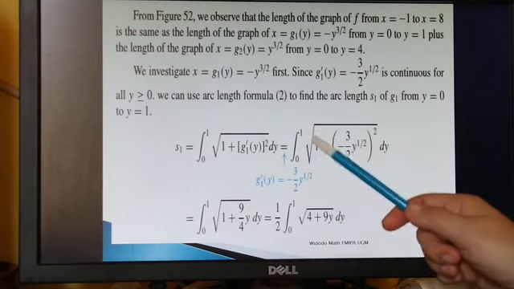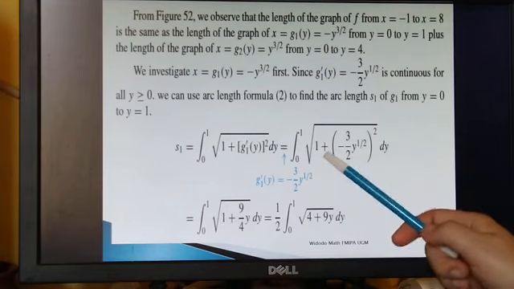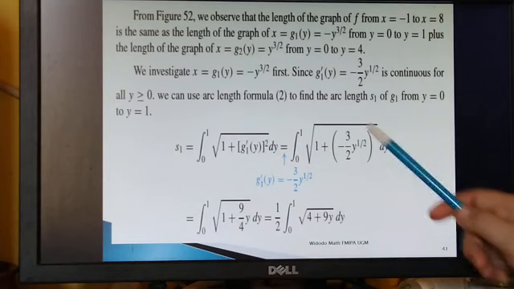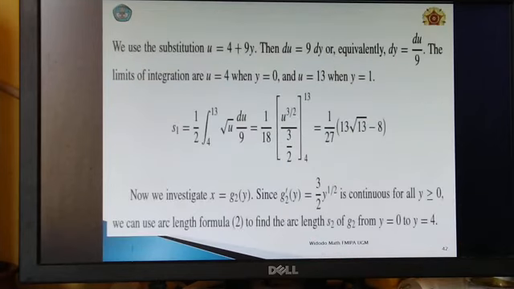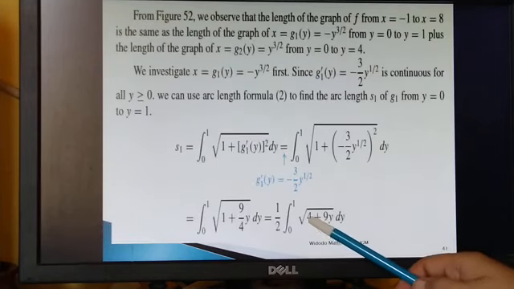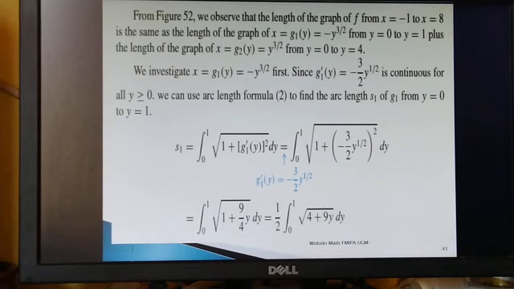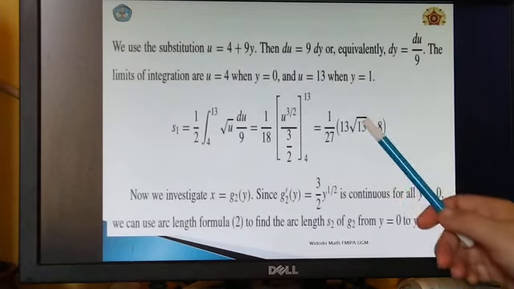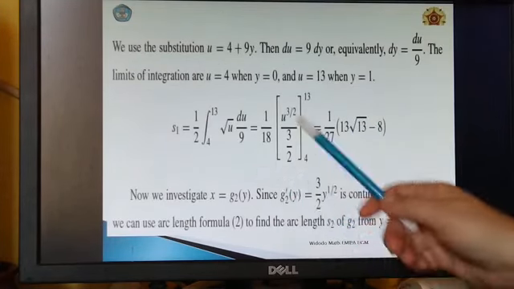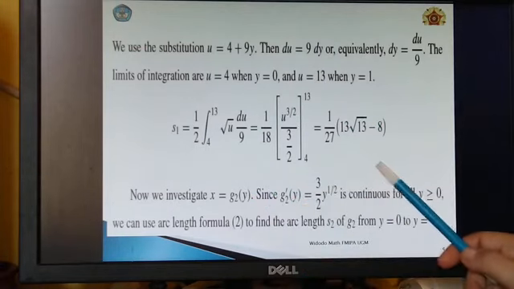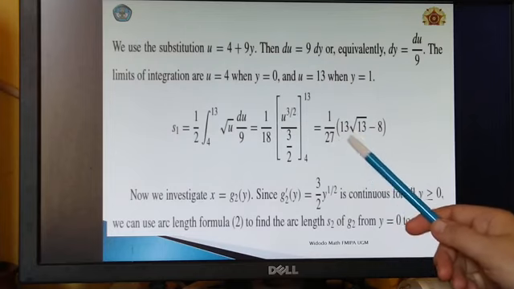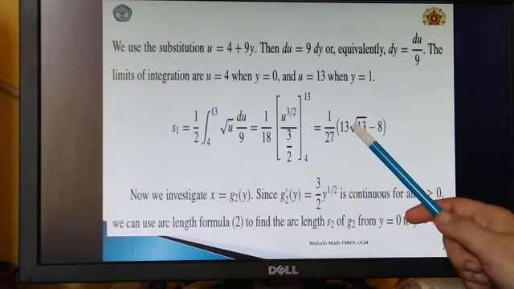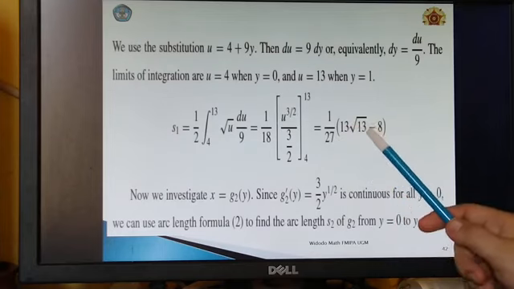So we count it by using the definite integral. We have this one, and that one. If we make the substitution 4 plus 9y equal to u, then we have something like this. The integral is very easy, and altogether it is equal to 1 over 27 times 13 square root of 13 minus 8.